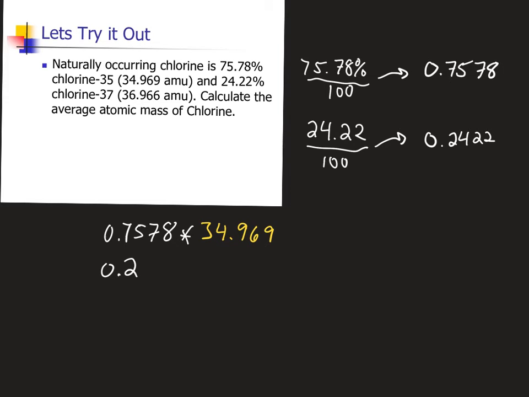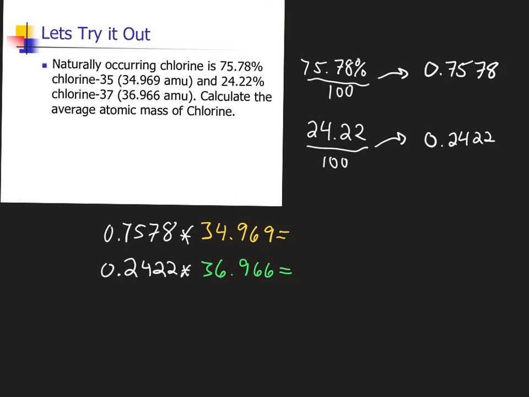Now, I set mine up in this manner because I find it keeps things nice, neat, and organized. That does not mean you have to do it that way. You need to figure out the method that you are going to use that will make you successful.